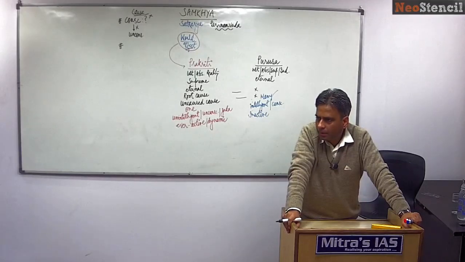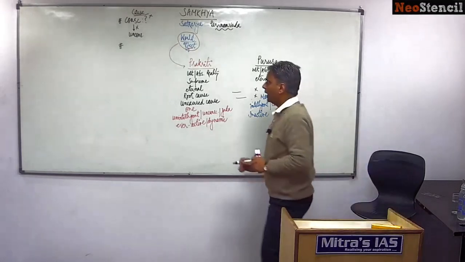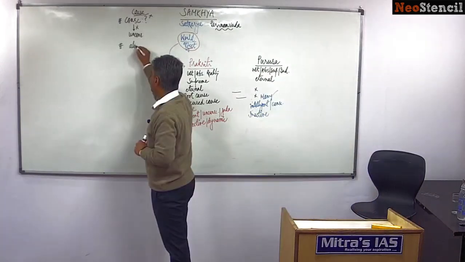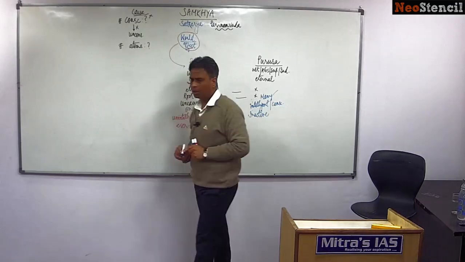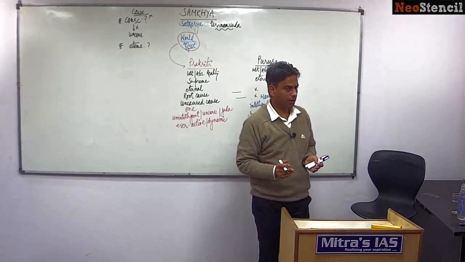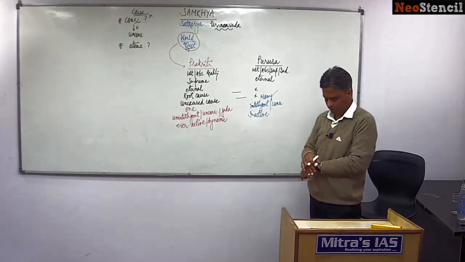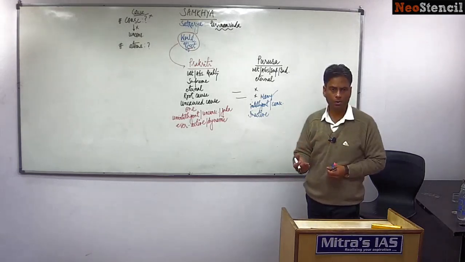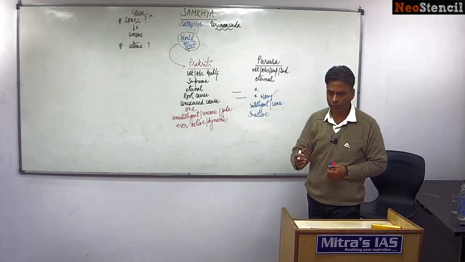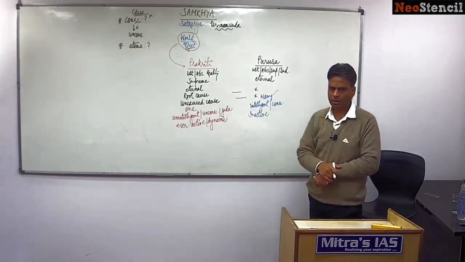Getting my point? Why can't atoms be the cause of this world? Why are you creating another reality in the form of Prakriti? But they say that atoms cannot be the cause of this world.